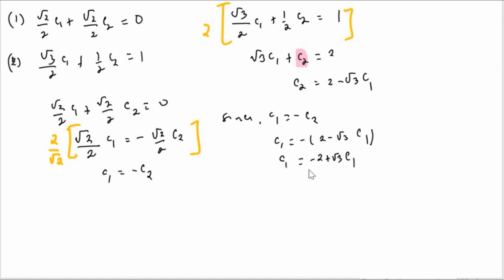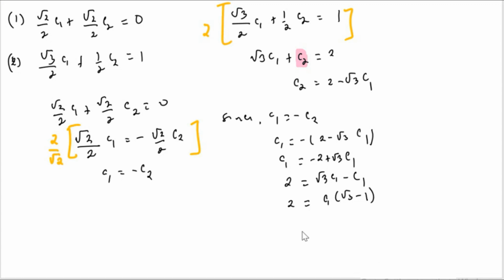Combining the terms, we transpose negative 2, so this becomes 2 is equal to square root of 3 of c sub 1 minus c sub 1. Then factor out the common factor of c sub 1. So we have 2 is equal to c sub 1 times square root of 3 minus 1.